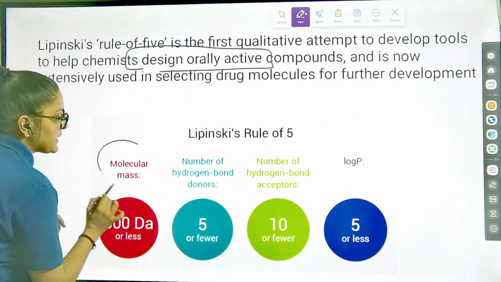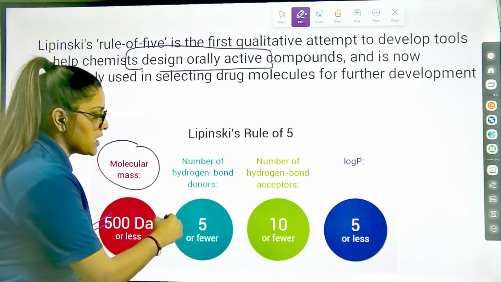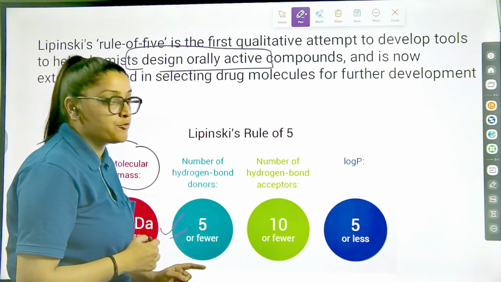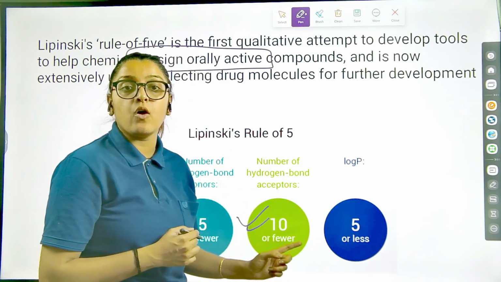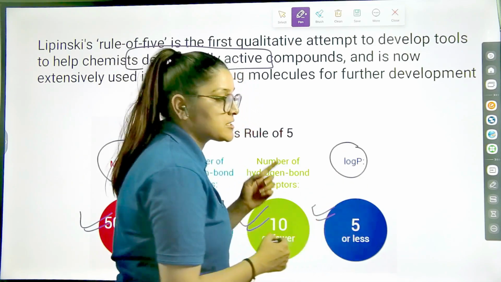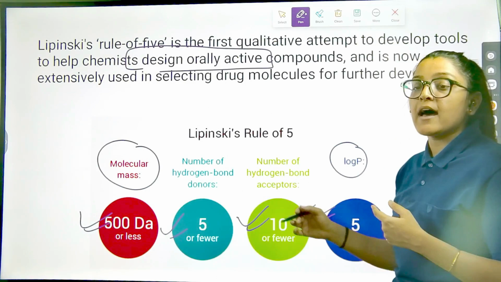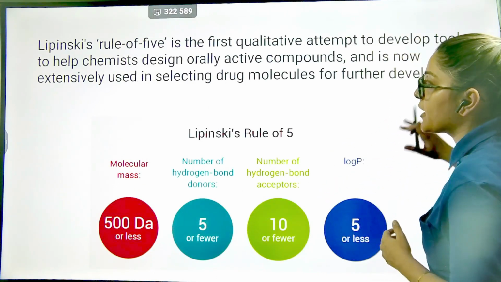So for that the molecular weight must be 500 Dalton or less. Number of hydrogen bond donors must be less than or equal to 5. Number of hydrogen bond acceptors must be 10 or less. Log P, indicating lipophilicity, must be equal to 5 or less than 5. So these are the criteria that help us to categorize the drug molecule.